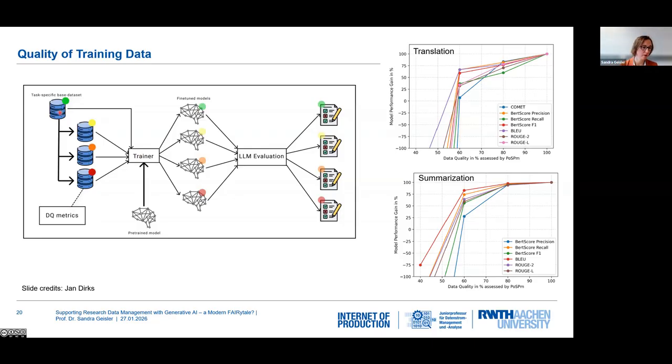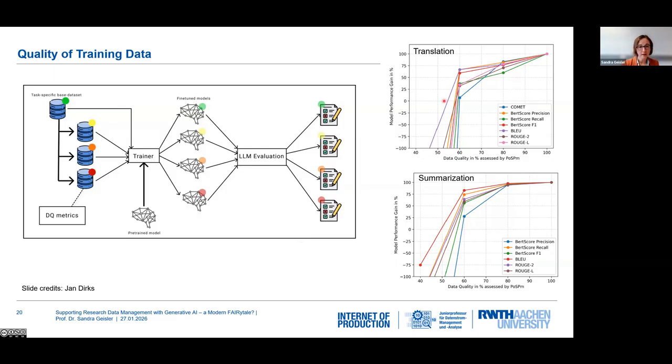So we used the original data, we introduced faults in the data, diminishing certain dimensions like accuracy or consistency, and then took that into account for fine-tuning of a pre-trained model, and then evaluated, as you can see here, in different metrics, the outcomes of the LLM.